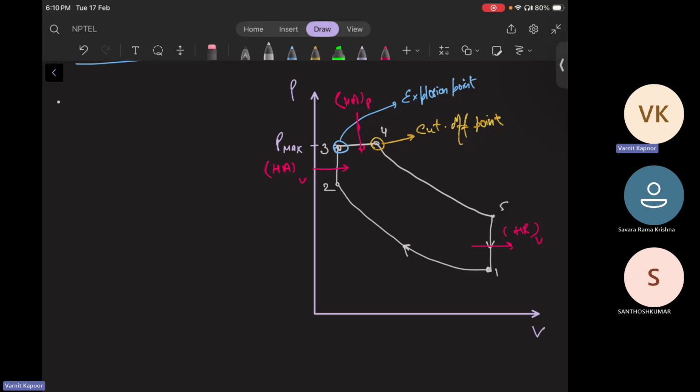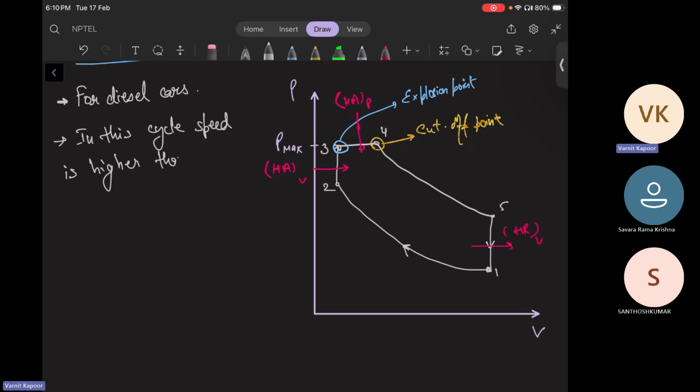Let me write one by one for diesel cars. In this cycle, speed is higher than the diesel cycle.